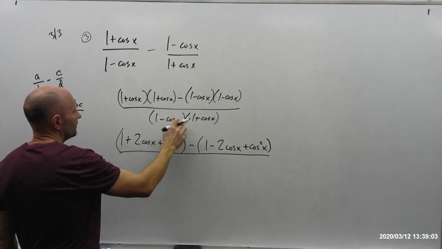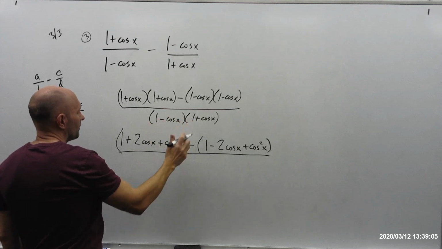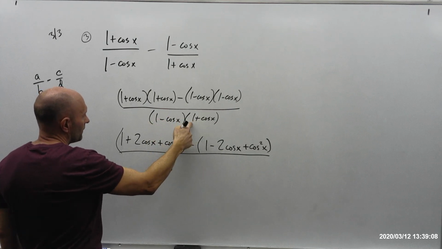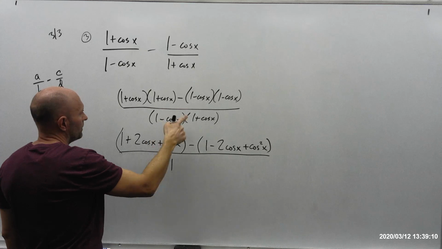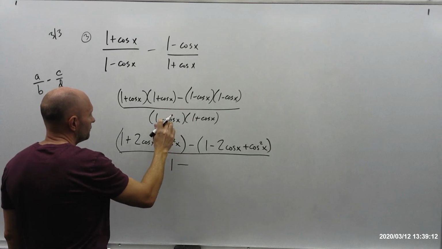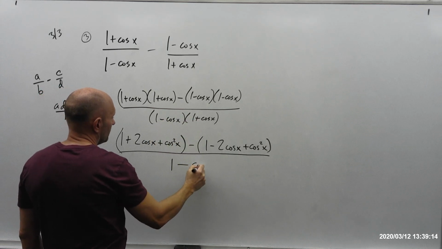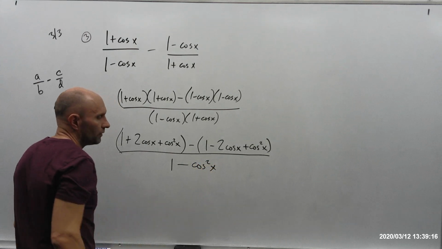FOIL this one, it's a difference of squares, so 1 times 1 is 1. The outside and inside terms cancel, and cosine times cosine is cosine squared of x.